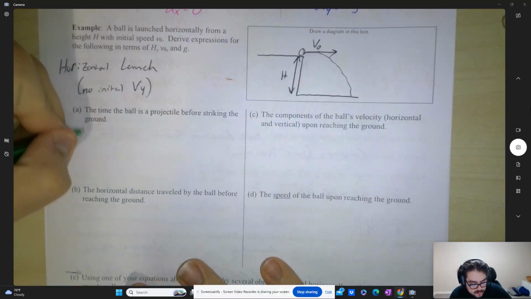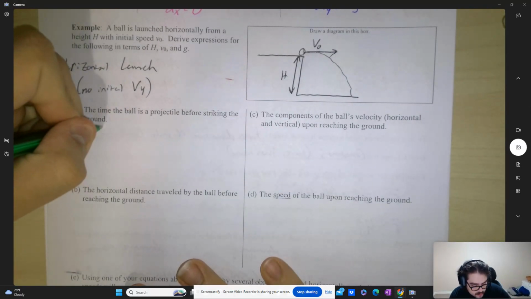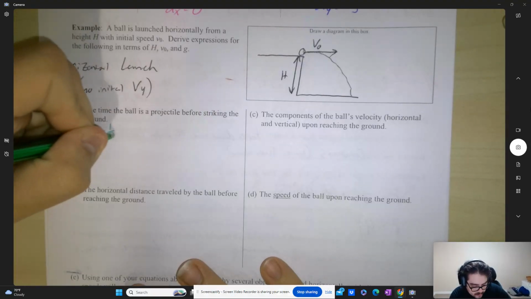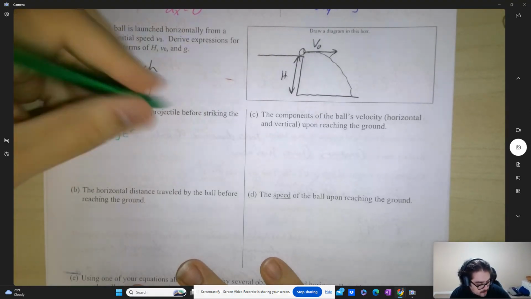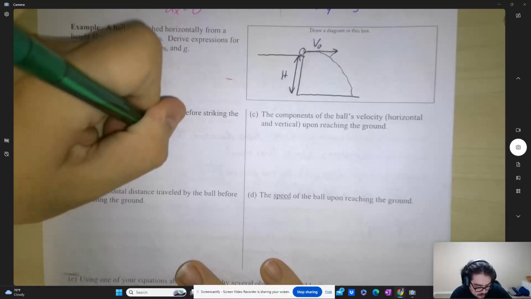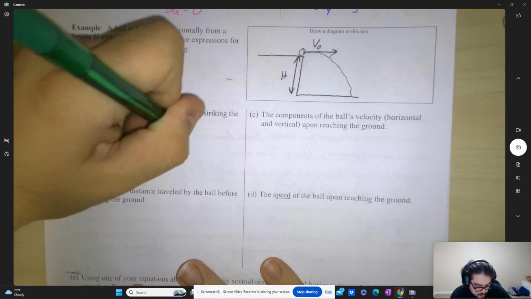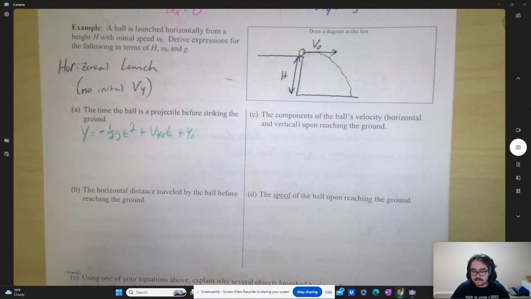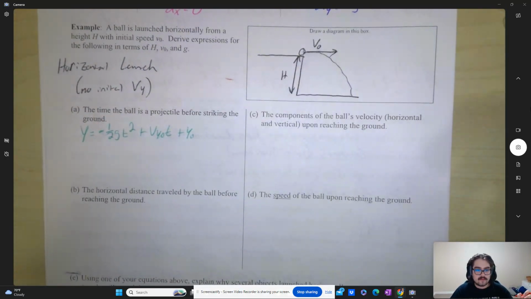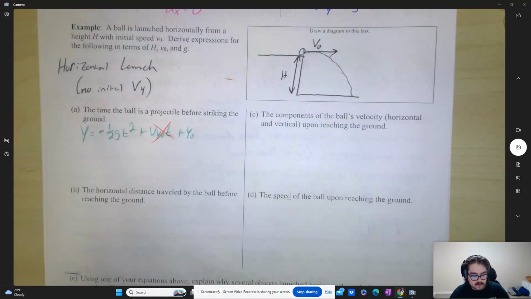I'm going to start with the position equation: y equals negative 1/2 gt squared plus vy naught t plus y naught. We said no initial vy, so that middle term should not exist.